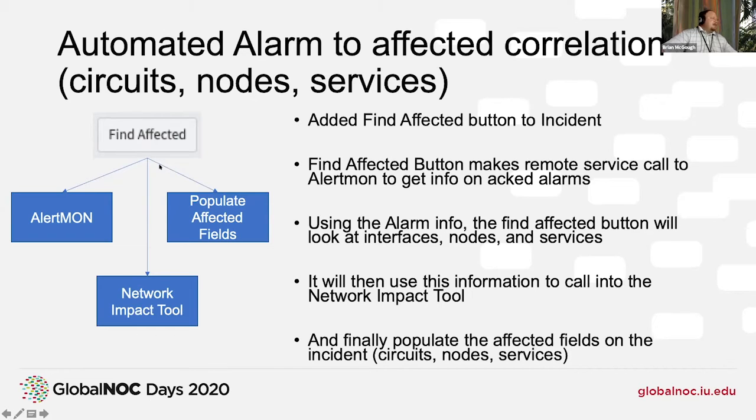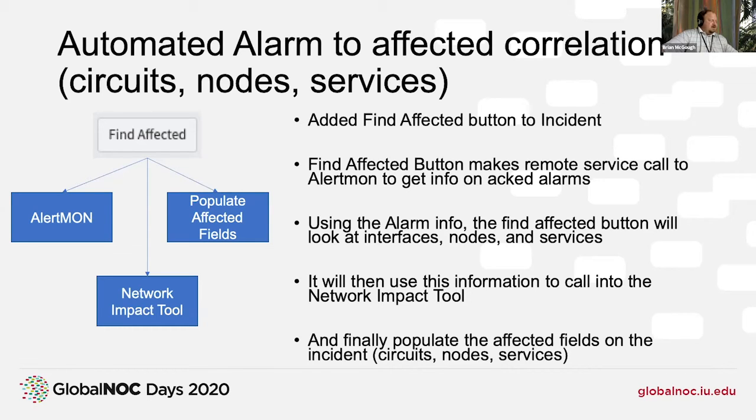And then in an automatic way, and this is the part that I think is really exciting for the NOC and potentially for all of us in terms of turnaround time, if we're able to populate these affected fields in a much quicker automated fashion, we can get targeted notifications out much more quickly to our customers.